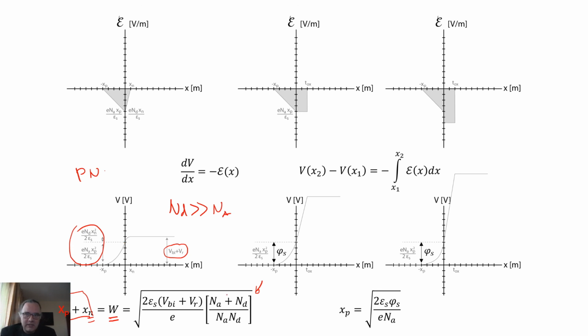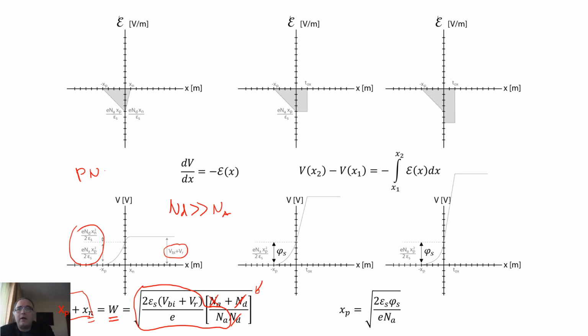So in this case, here we can ignore Na because it will be much smaller than Nd, and then Nd will cancel with this. And this will be then the formula for the extension of the depletion region, which will be almost all inside the P side junction.